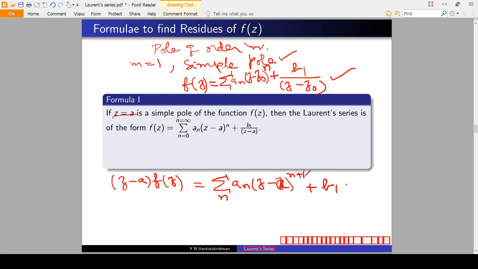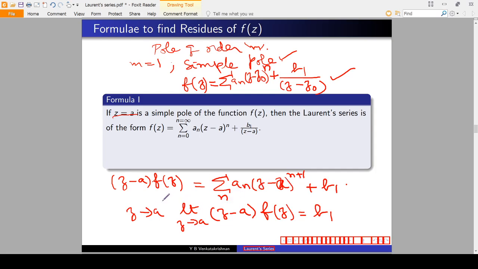Suppose I want to find the residue, I have to allow z to tend to a, so I'll have limit z tending to a, z minus a into f of z. This will be b1, because this part will become 0 as z tends to a.